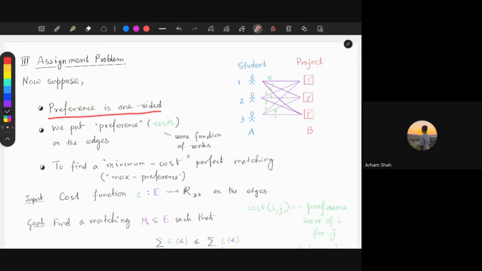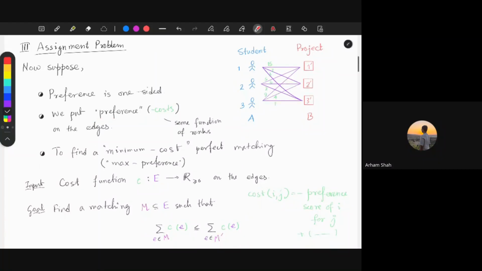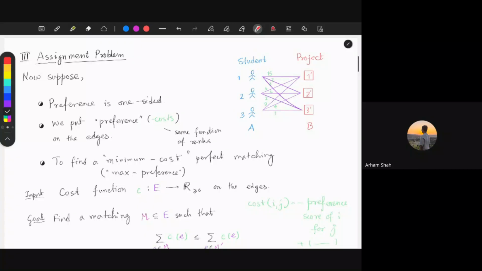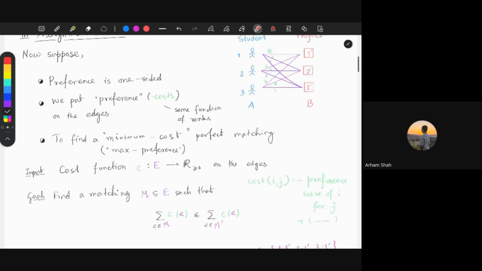Now, this is one-sided, unlike the previous one, and we put a preference score on the edges, and we want to find the maximum preference score matching possible here. So again, we want to try to find this kind of edge set.